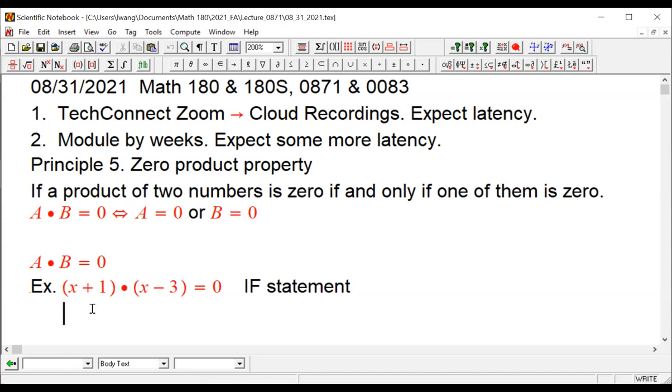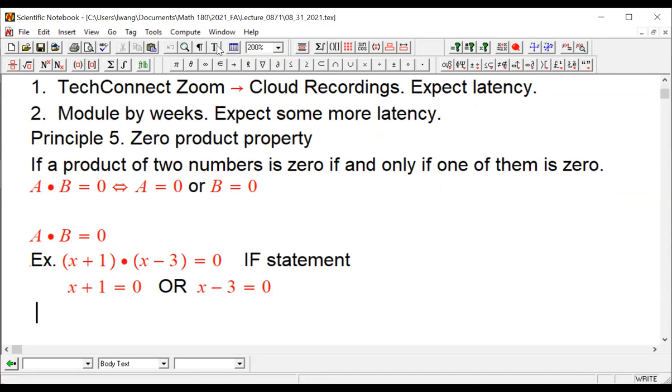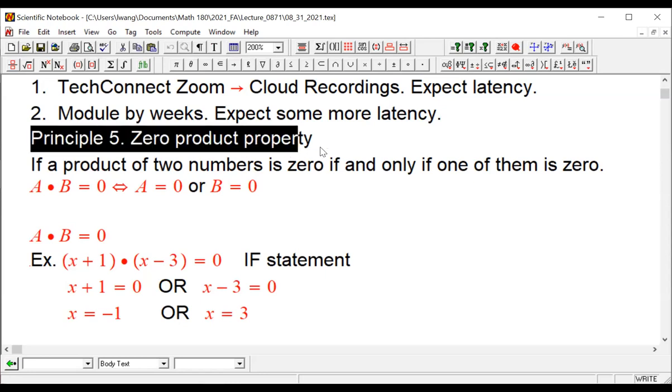If this is true, then one of them is 0. So either x plus 1 is 0 or x minus 3 is 0. Do you remember these examples? And then you get x equals -1, or, of course, you know the answer, x equals 3. It's because of principle number 5.